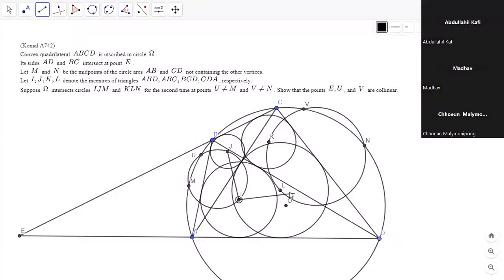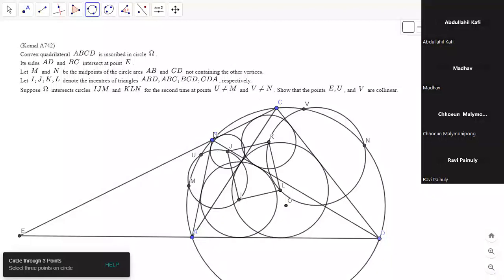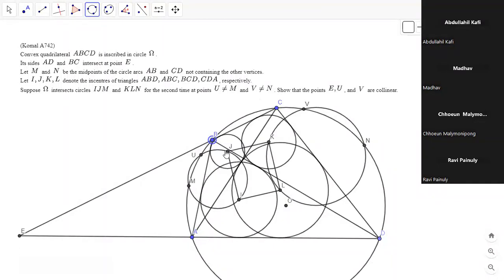So IJKL is a rectangle. I did not know that. BJIA and BJKC are cyclic. Oh, and that's like the proof of it, basically.